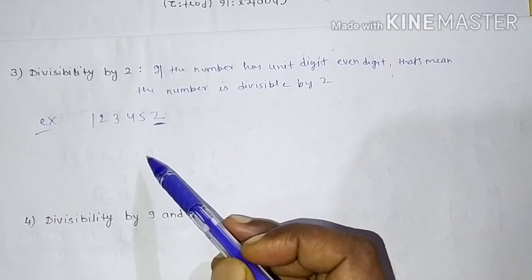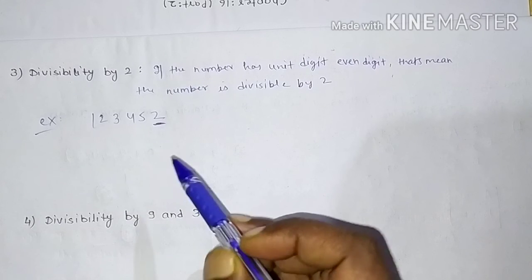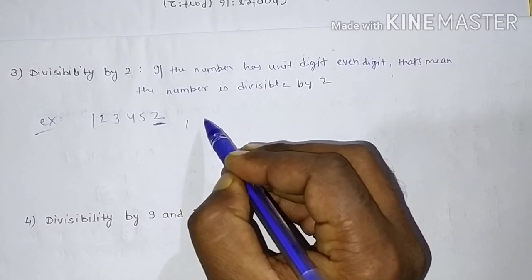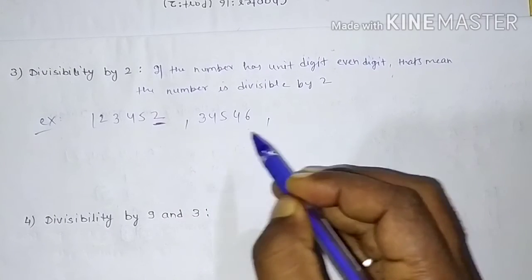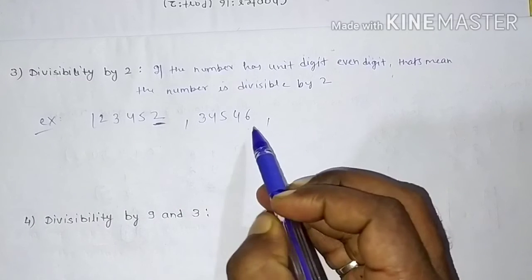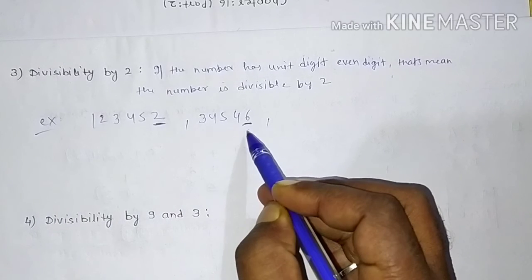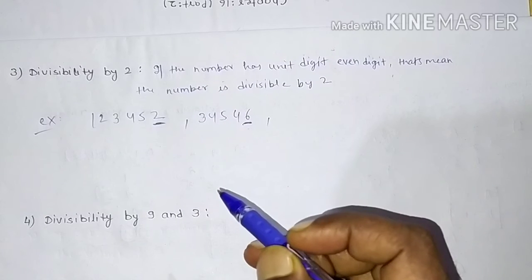And what is an even number? 0, 2, 4, 6, 8 and so on. Let's take another example, 34546. This number is also divisible by 2, because the unit digit is 6 and 6 is an even digit. So these are the examples.